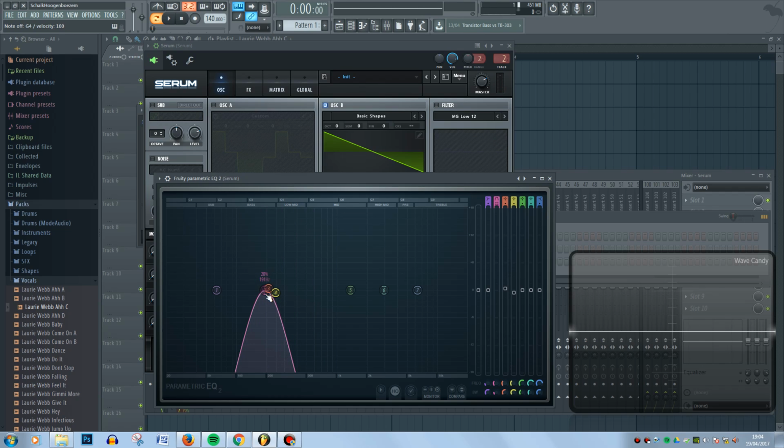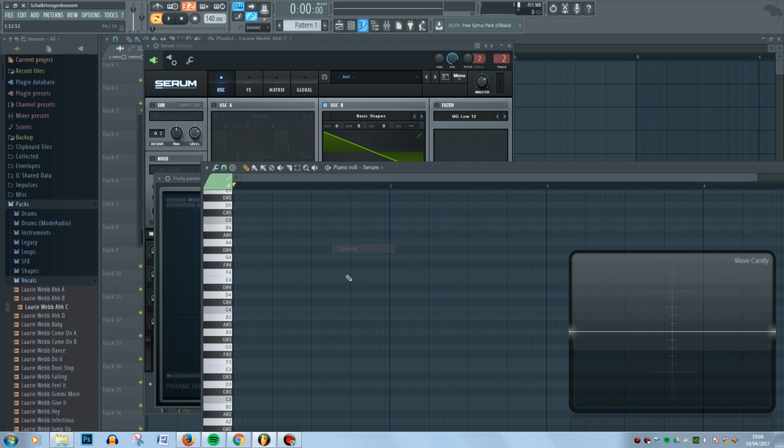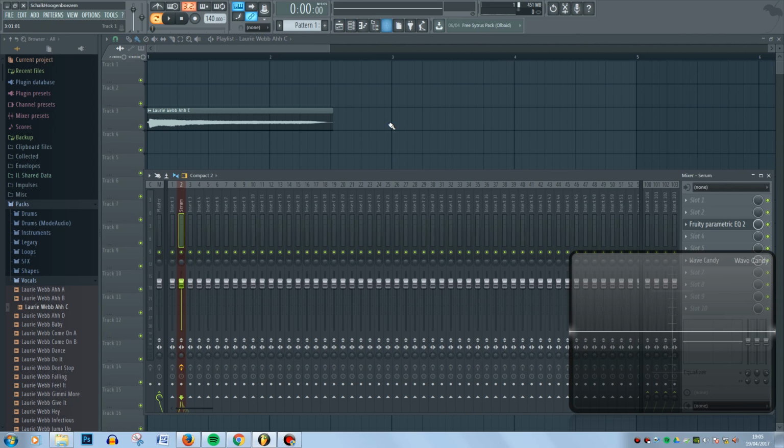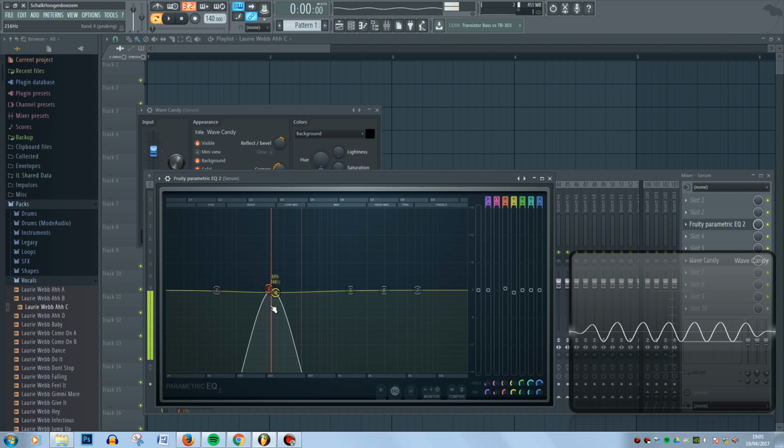Let's take the A note. I'm just going to make sure I'm playing A. A is a good example because it's mathematically correct. Okay, so this note is playing at, let's say, 244 hertz.